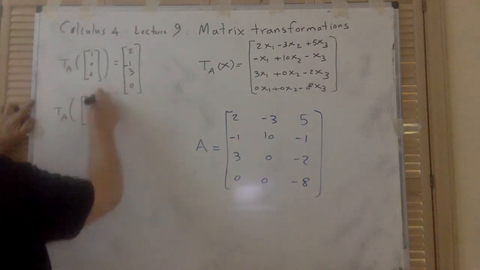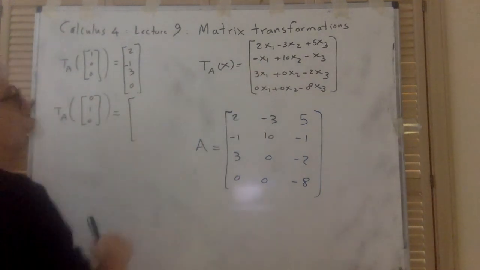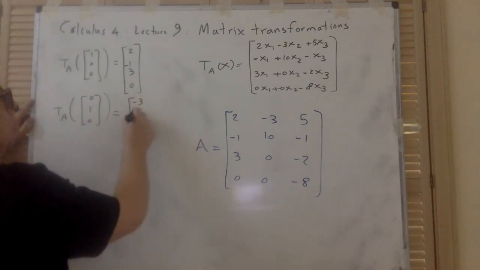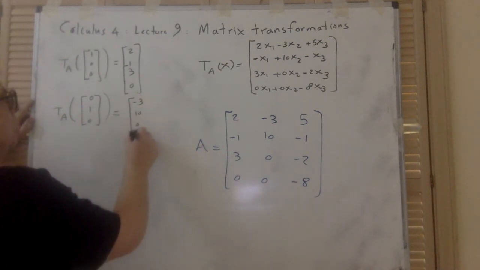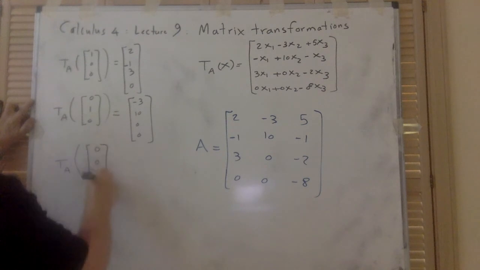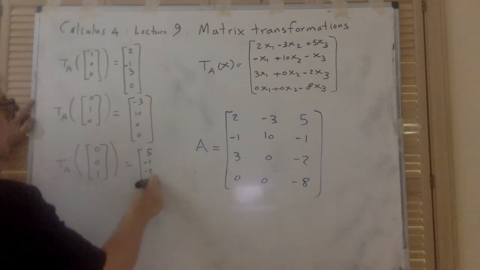You can see that each one of them extracts the coefficient of that column. This one will give me minus 3, 10, 0, 0. And TA applied to the third one, 0, 0, 1, will give me 5, minus 1, minus 2, minus 8.